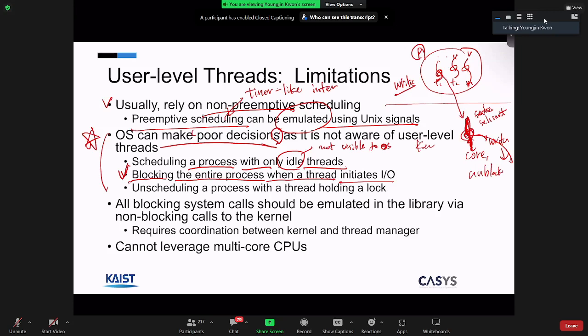This thread has to wait. So it blocks the entire process, meaning that it blocks the user level threads in the process when a user level thread initiates I/O. That happens, which is the main reason that most OSes choose kernel level.